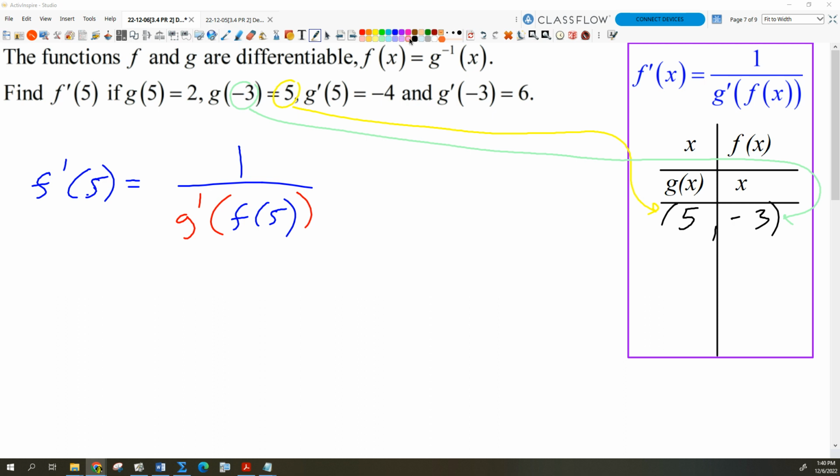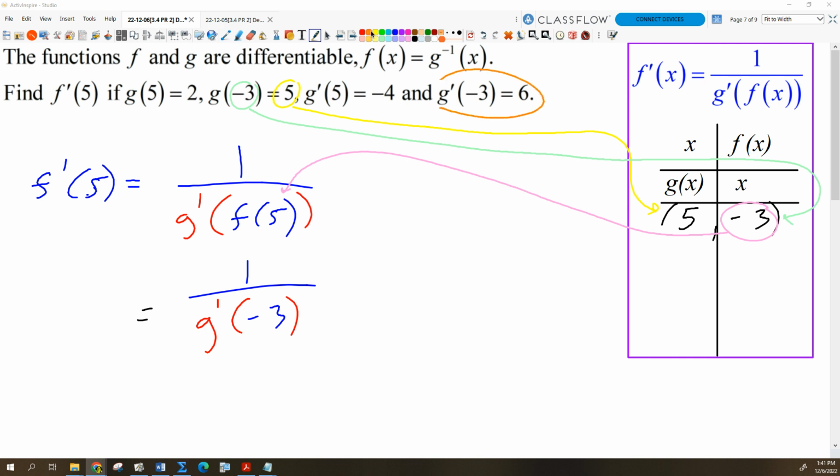Okay, so this guy's going there, and we get 1 over g prime of -3. Well, they probably give us that up there somewhere, don't they? What's g prime of -3? 6. So that equals 1/6. Done.